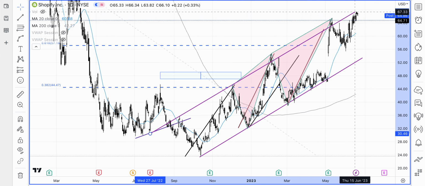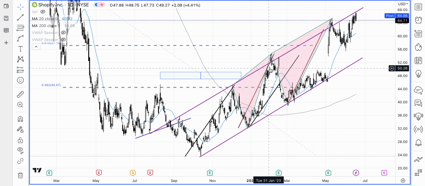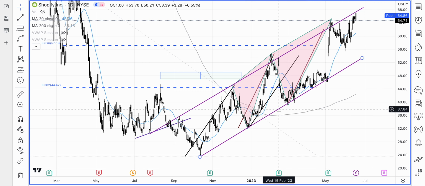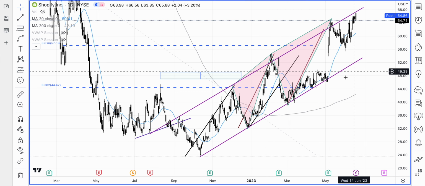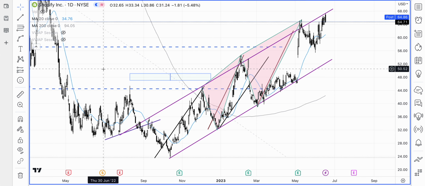which, if we draw it like this, is also challenging these highs which the price likes to take out, and then it just comes back into the channel, then finds support from the bottom of the channel, and then it likes to move higher.